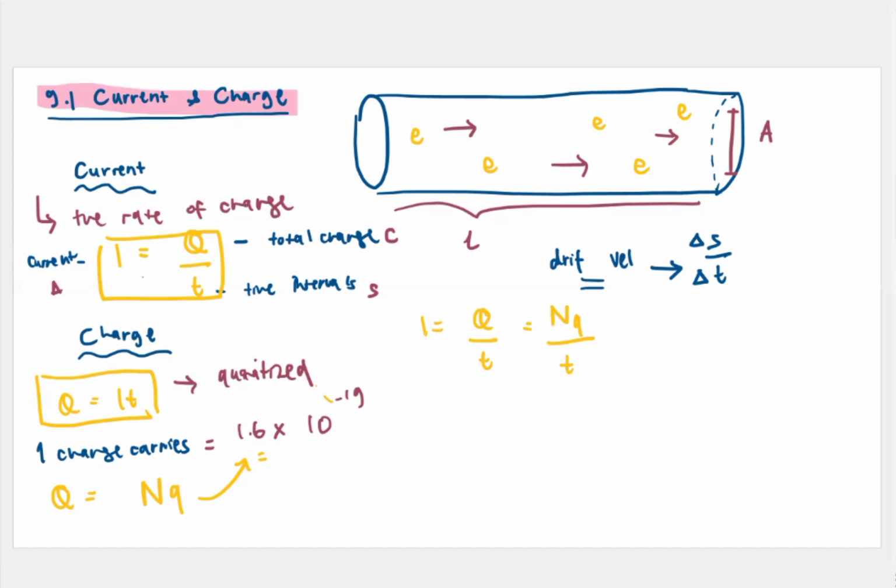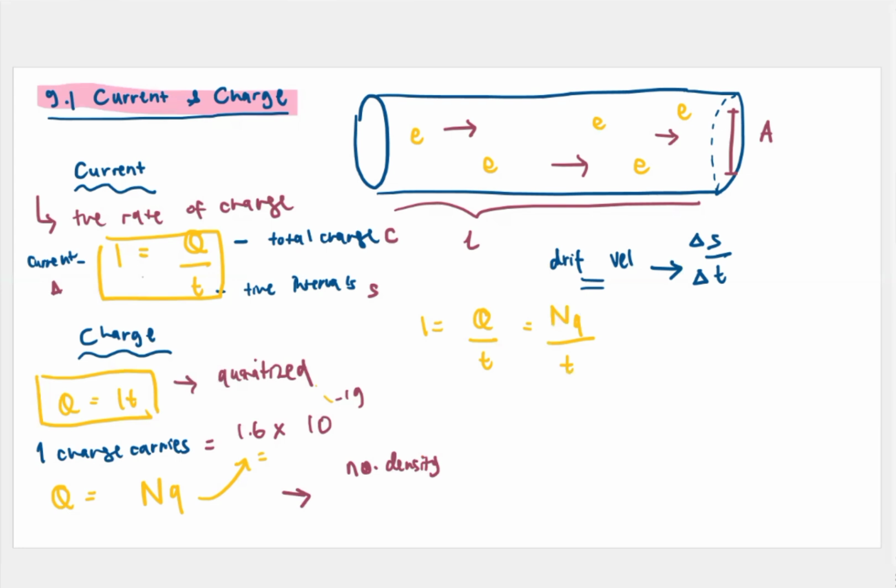An easy way: sometimes the number of charge carriers is too big, so scientists simplify it by turning it into number density, which is basically the number of charge carriers per volume.